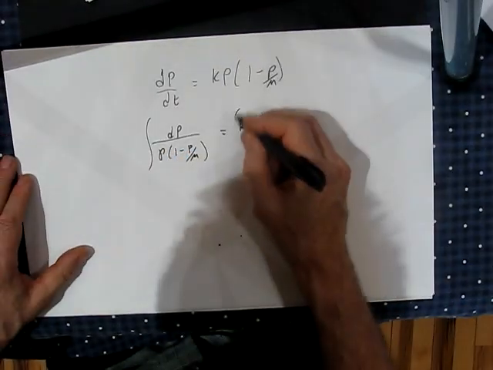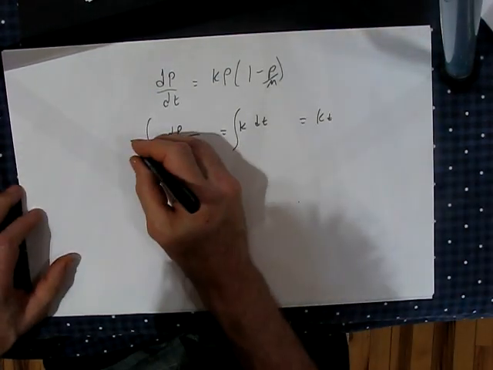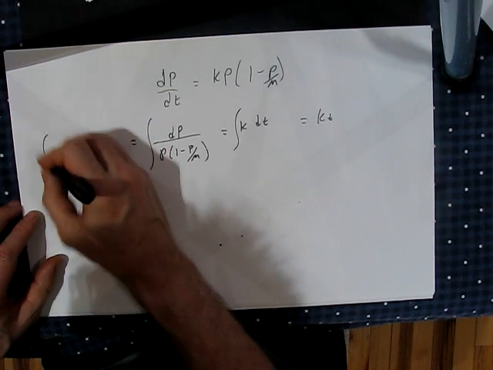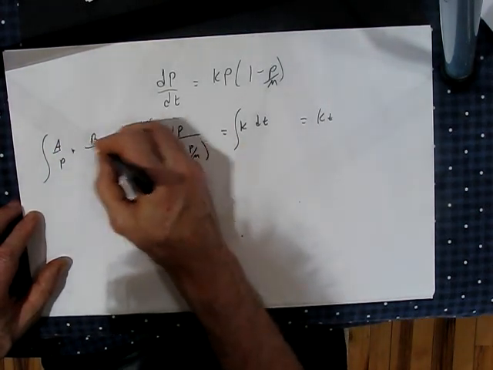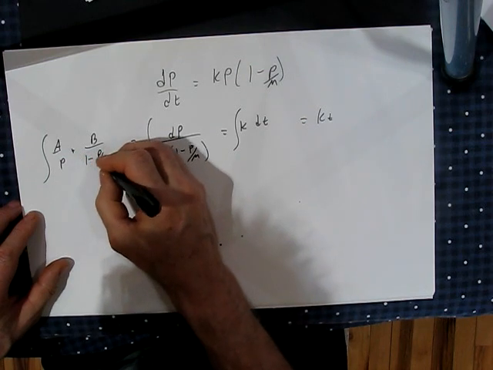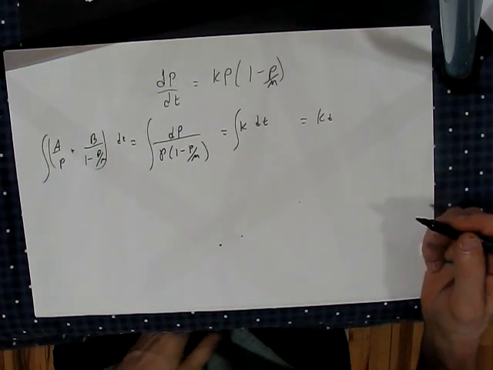But then I'm going to integrate both sides, and this becomes kt. And this over here, under partial fraction decomposition, is going to become something over p and something over 1 minus p over m, dp. Now, what does that mean?